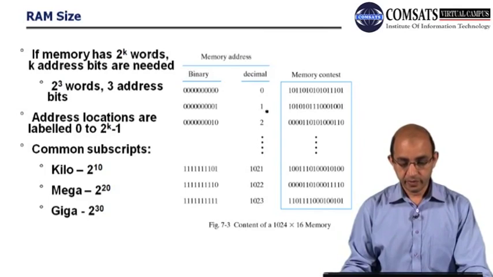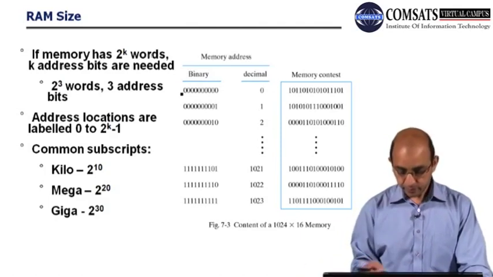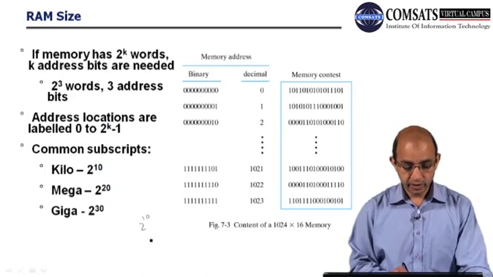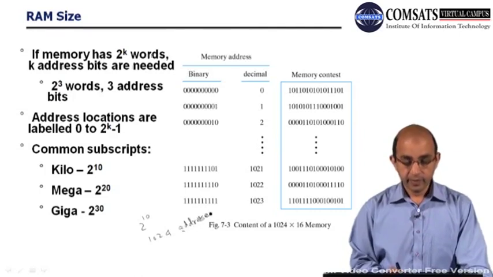So for the memory address, this is the binary and this is the decimal. We have 10 bits, 1, 2, 3, 4, 5, 6, 7, 8, 9, 10, and these bits are reserved for the addressing. So 2 raised to power 10 means 1024 unique addresses we can have.